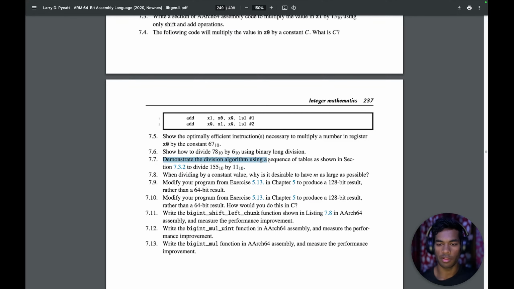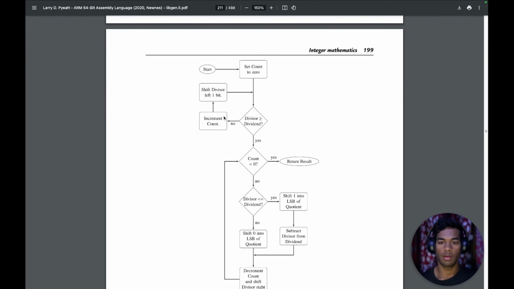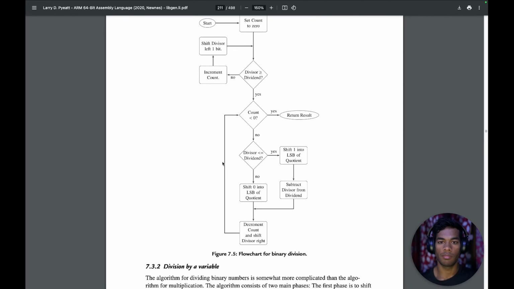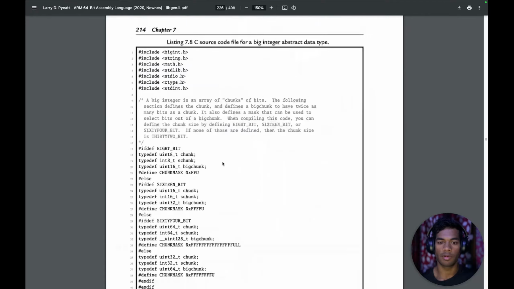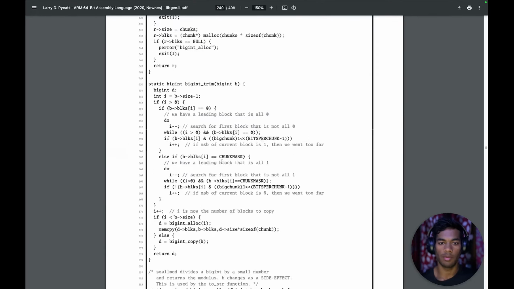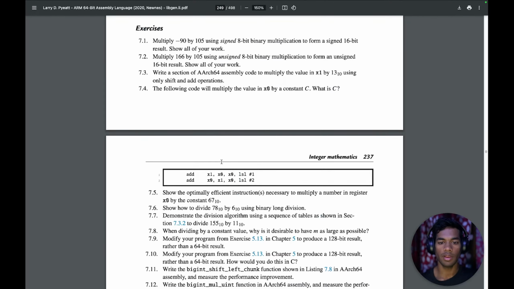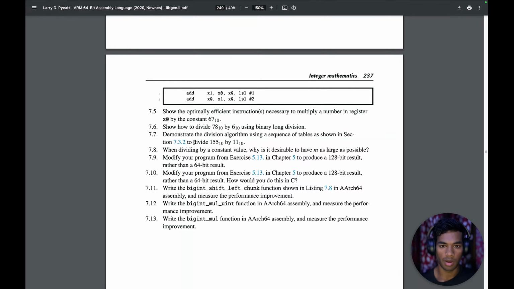Demonstrate the division algorithm using a sequence of tables as shown in the figure to divide 155 by 11. Okay, using this algorithm, I have to divide two numbers, 155 by 11.